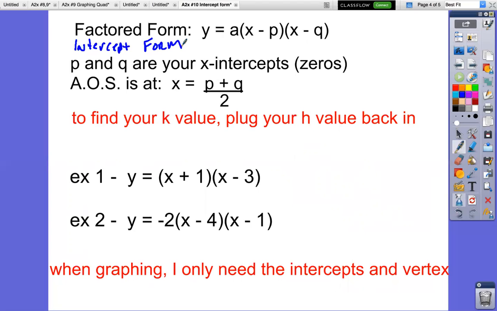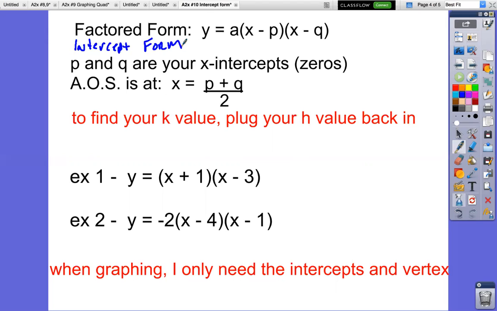What this form is doing is telling you where that graph crosses the x-axis. They are also called zeros or intercepts, and that's what we're going to focus on in the next chapter, not the next lesson. So in about a week and a half, we're going to focus on finding our zeros or our x-intercepts.